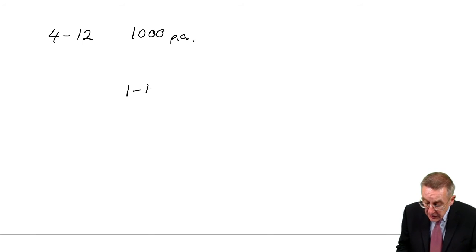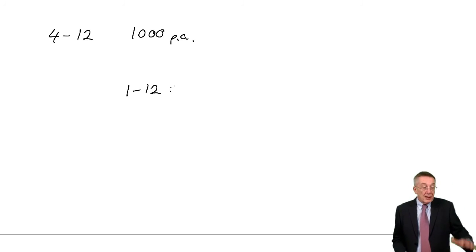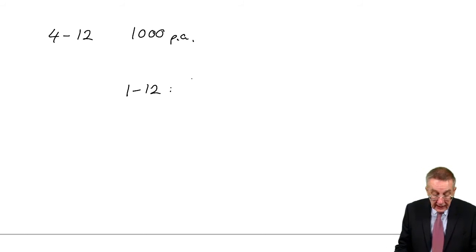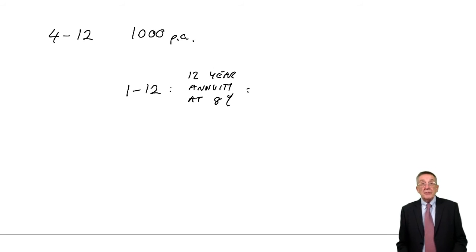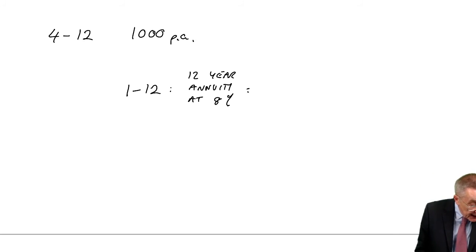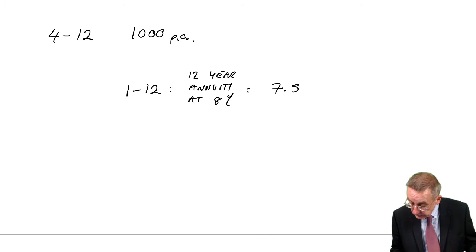We can look at the total for years 1 to 12, straight from the tables. That'll be the 12-year annuity factor at, what's the rate of interest? Example 8, 8%. And so the total from years 1 to 12, 12 years at 8%, is 7.536.